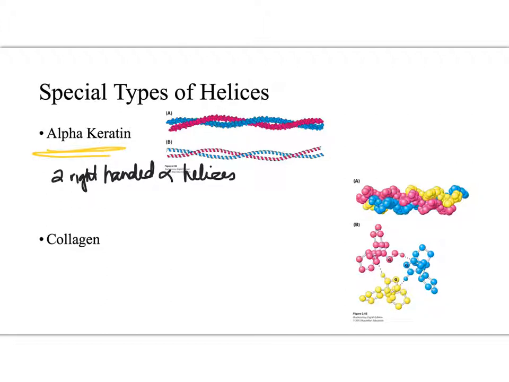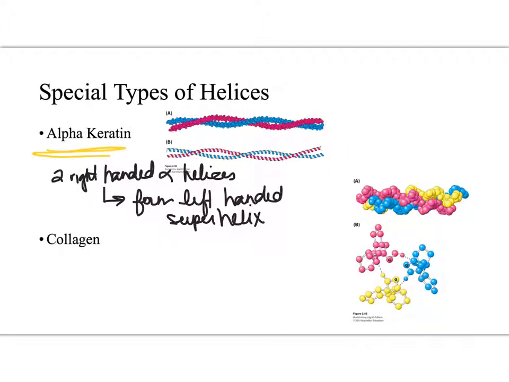They come together, and when they come together, they're going to form a left-handed superhelix. So we refer to this as an alpha helical coiled coil.